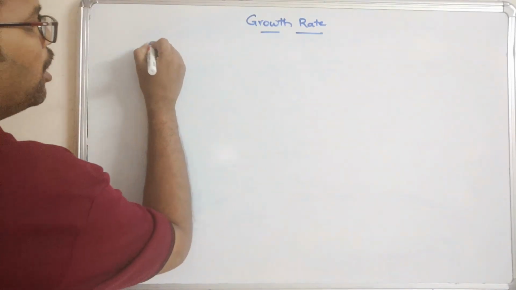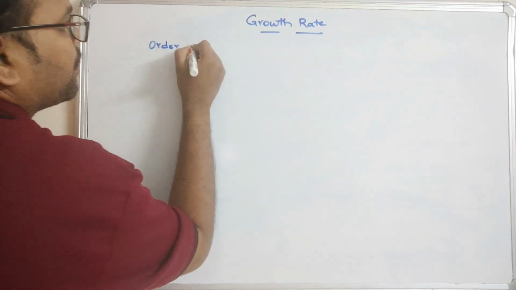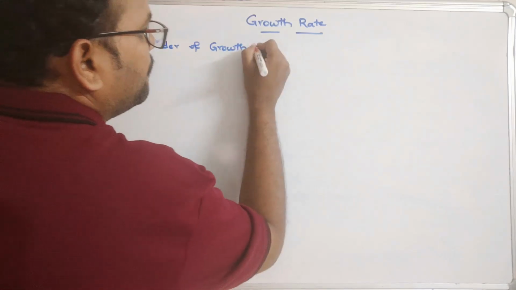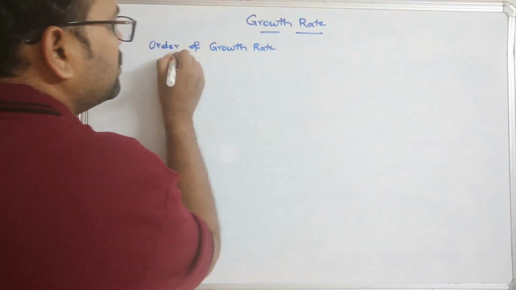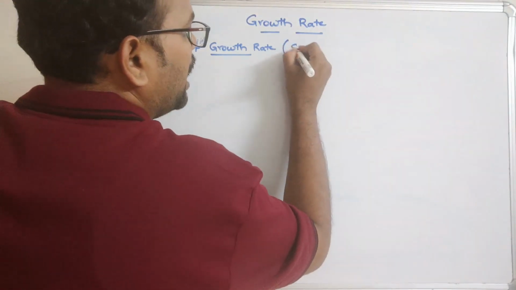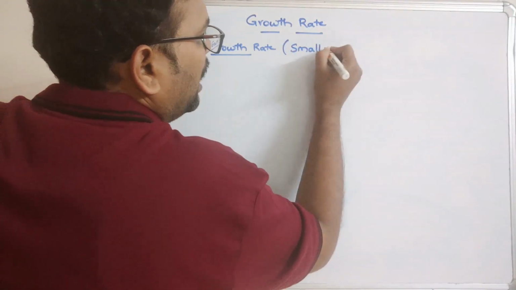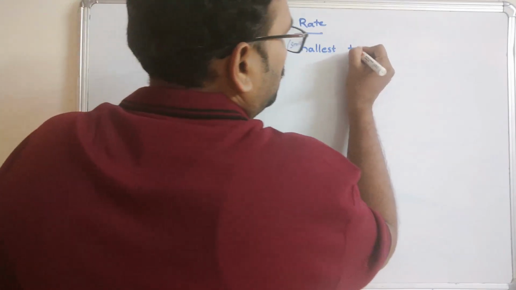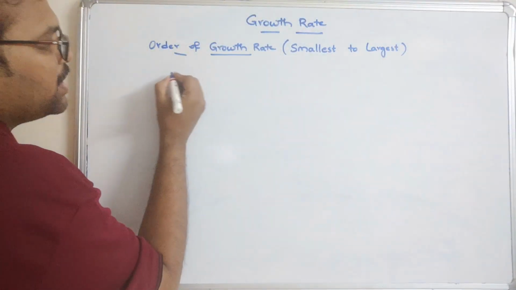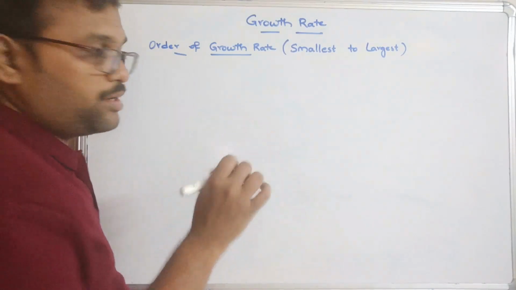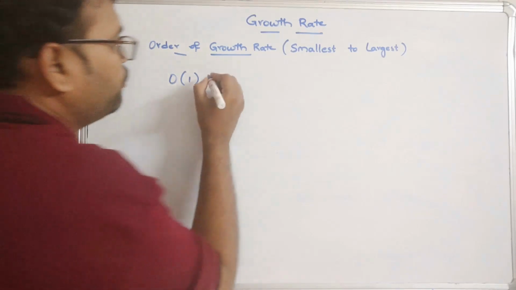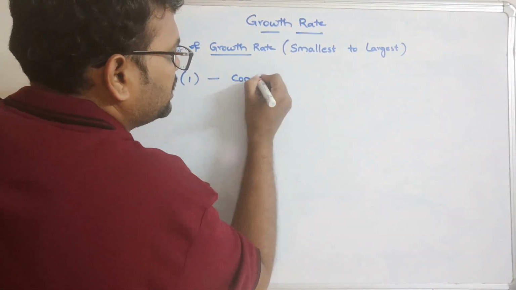So the order of growth rate of different functions, from smallest to largest, I'll write here. The first one will be the constant, order big O of 1.